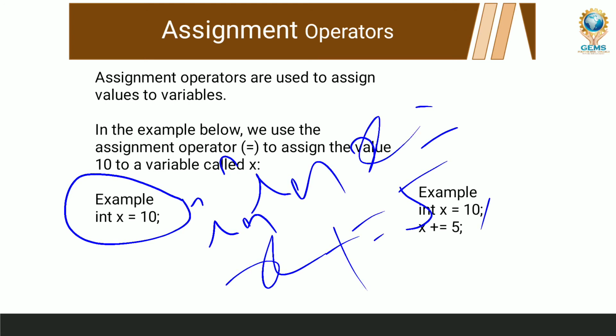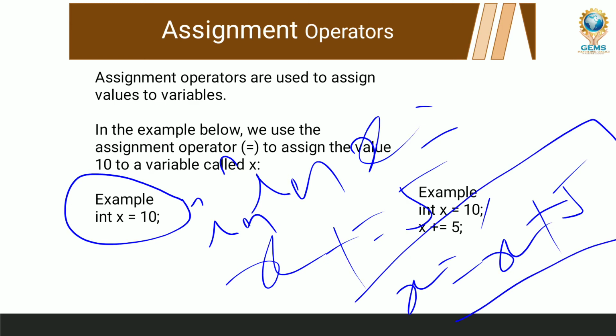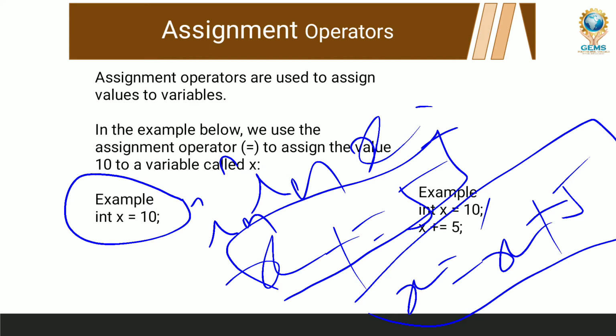First of all, we have to understand what x plus equal to means. x plus equal to means x plus a numeric value. So we can write x = x + 5. The short form of this equation we can write like this: x += 5. It means x = x + 5.